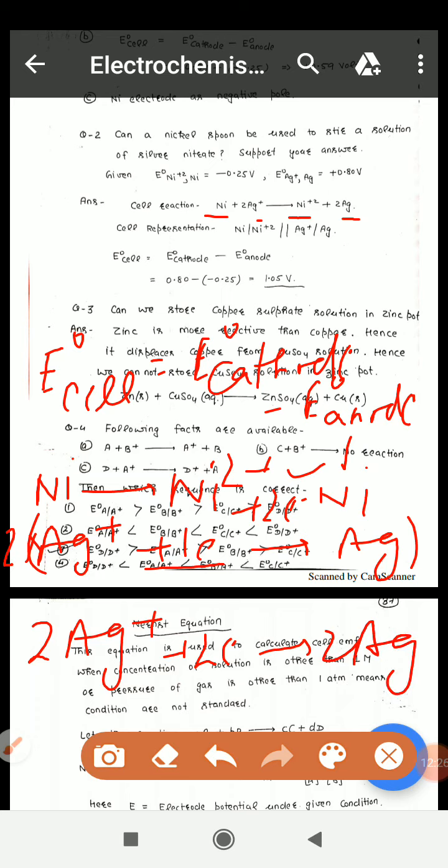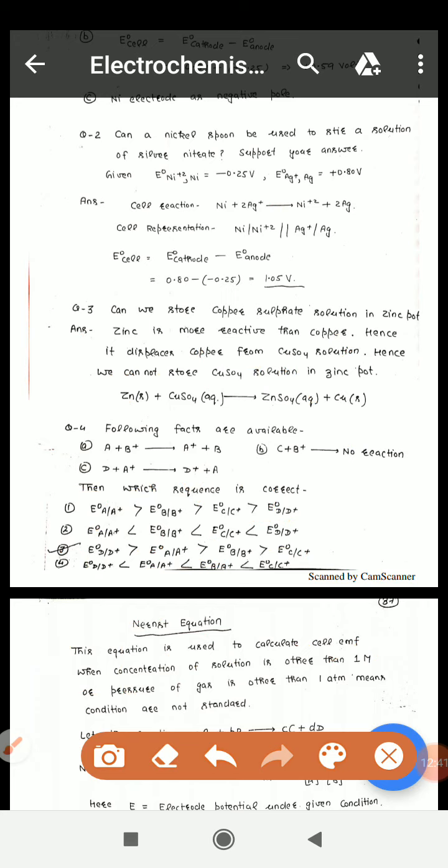So the cell representation is: nickel, slash, nickel 2 plus, then the salt bridge, then Ag plus, and then Ag. Okay, so these are the cell reaction and cell representation. Now use the formula. This is the cathode, this is the anode.